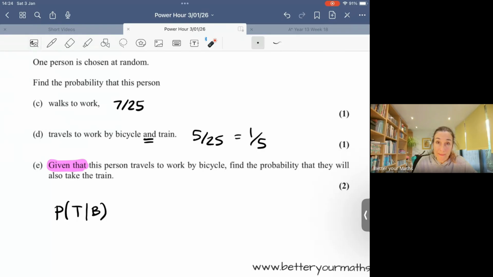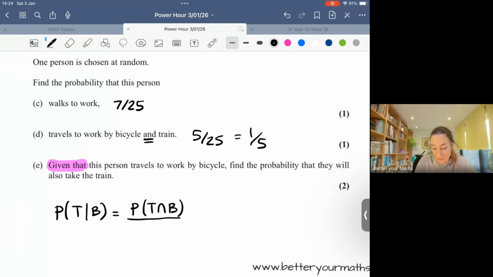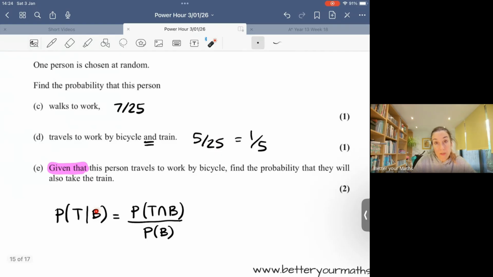There is a formula, again, it's in the formula booklets, that tells you that this is the probability of the intersection divided by the probability of the one that is already happening. So the second one, yeah? So always the intersection divided by the second one. What is the probability of the intersection? Bicycle and train is the one that we just found before, so it's 1/5.